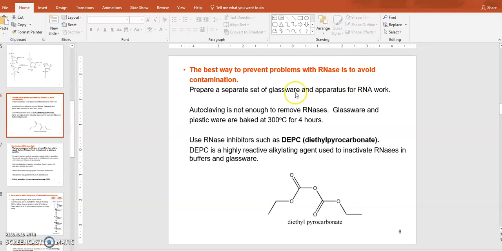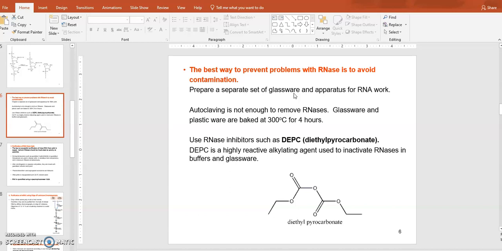These are suggestions. You can prepare a separate set of glassware and maybe instruments, apparatus for your RNA-related work, including northern blotting. Once you have that separate set for your RNA-related work, the things that will touch RNA molecules will be treated with autoclaving.